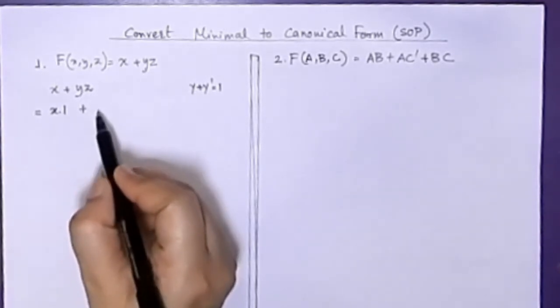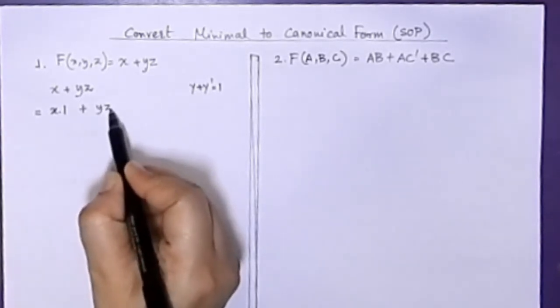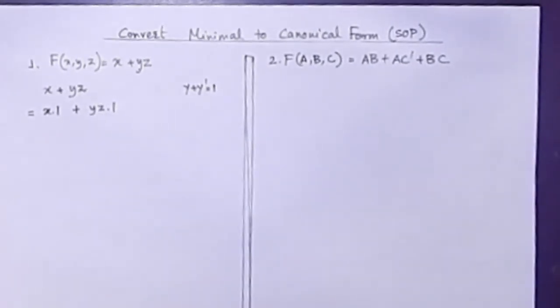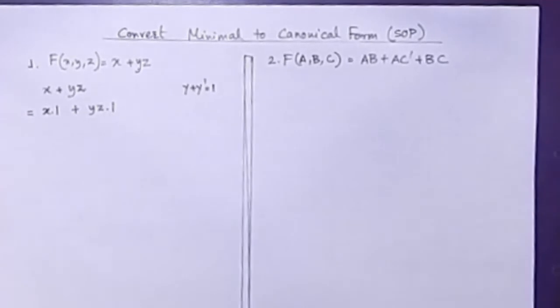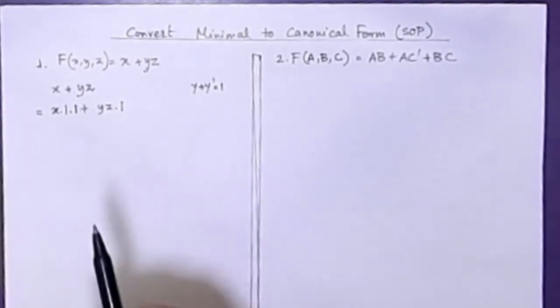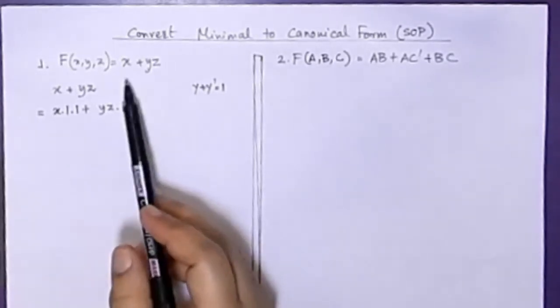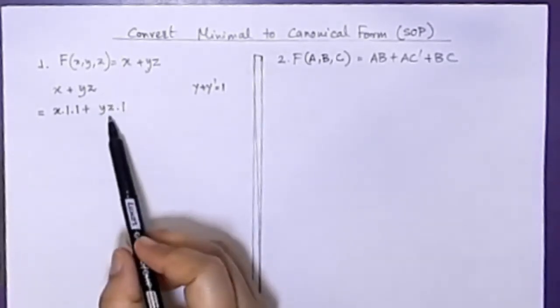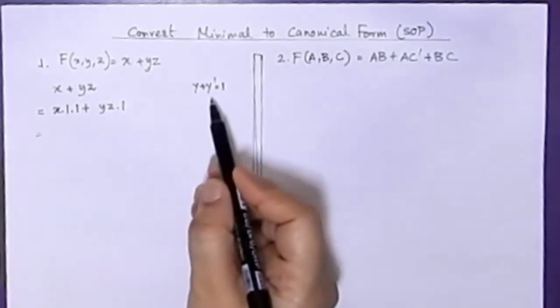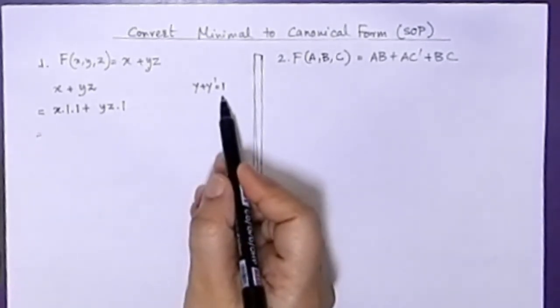And here also the second product term, if multiplied by 1, then the expression is remaining unchanged. But in the first one, I will be putting 2 ones. Why? Because in the first term, 2 variables are missing and in the second term only 1 variable. Now instead of these ones, I will put this form of the missing variables.